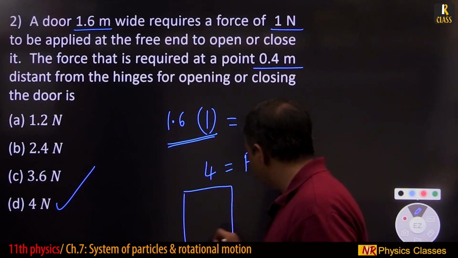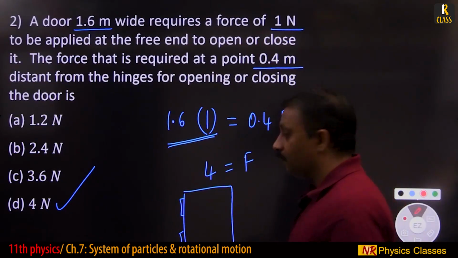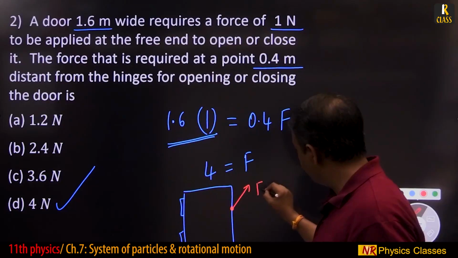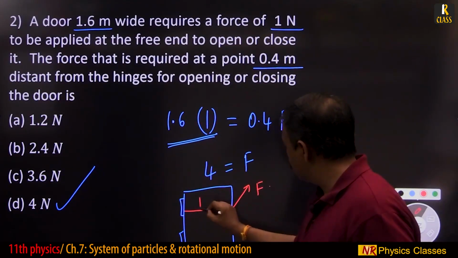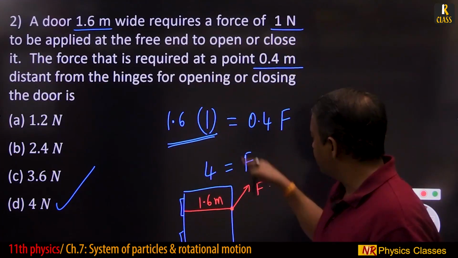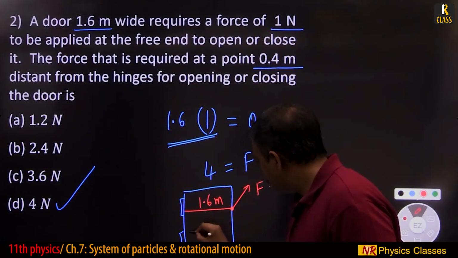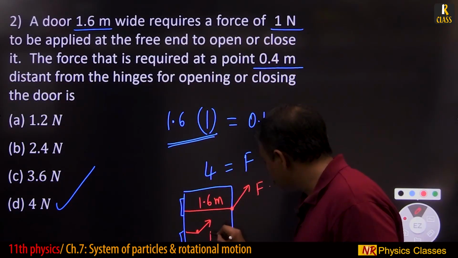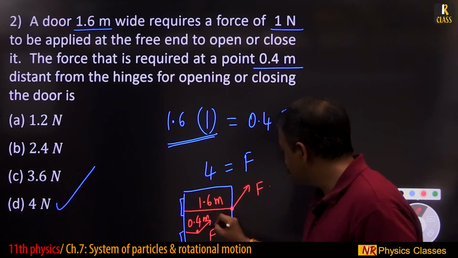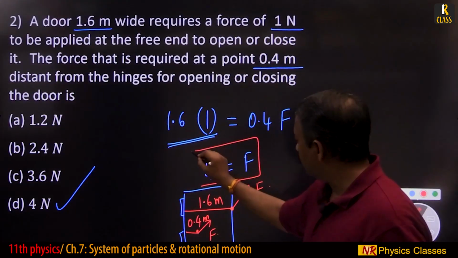If this is the door and these are the hinges, in the first case force is applied here, and this distance is 1.6 meter: 1.6 into F, where F is 1 Newton. In the second case, this is the force and this distance is 0.4 meter: 0.4 into F. Therefore, F equal to 4 Newton.